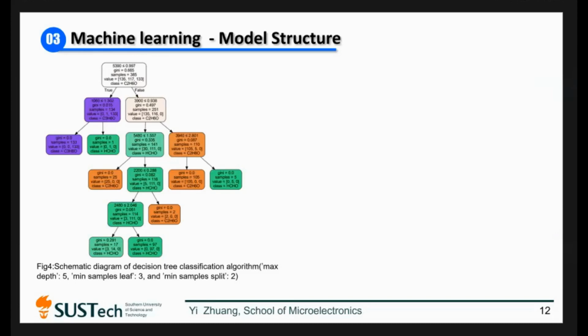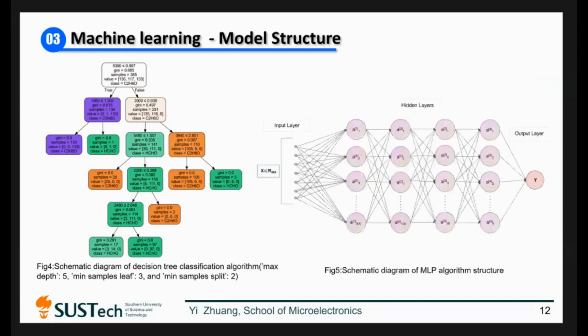It has five depths, and the power signal can be modeled this way to get a gas type. Then Figure 5 is the MLP algorithm structure. The input size is 580. The fully connected layers of the MLP have node numbers of 300 and 135 respectively. Then we can get the regression result of concentration.